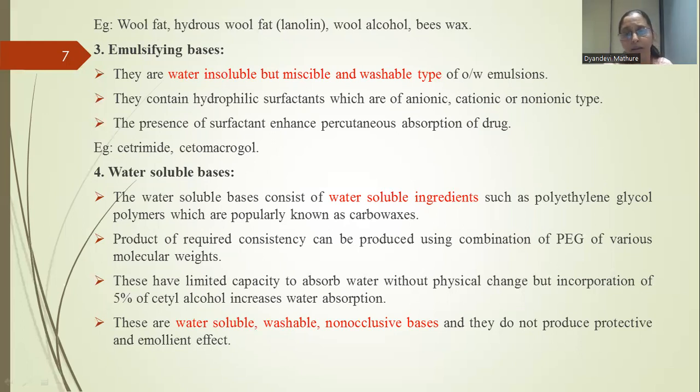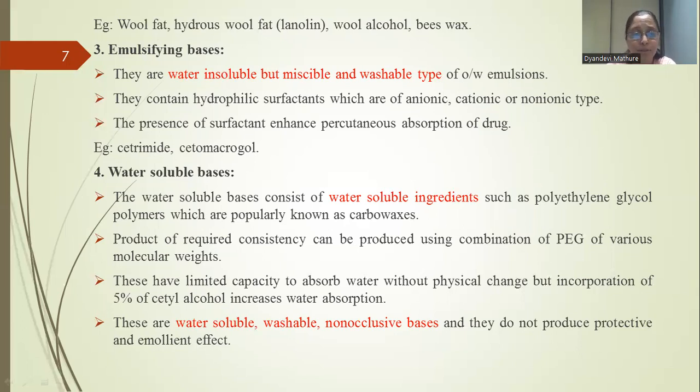Many times they are cationic, anionic, or non-ionic. So depending on their category, they enhance the percutaneous absorption of drug. Okay, so the presence of surfactant enhances the percutaneous absorption of drug, which means when we use these emulsifying bases, it helps in increasing the absorption of drug through different layers of skin.